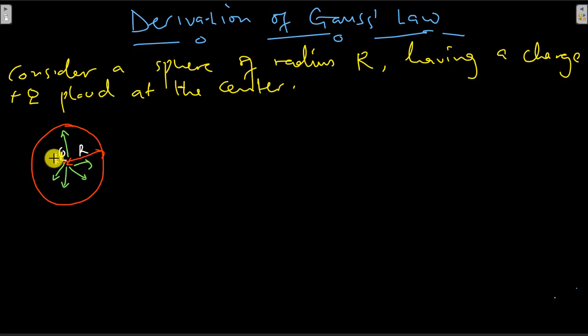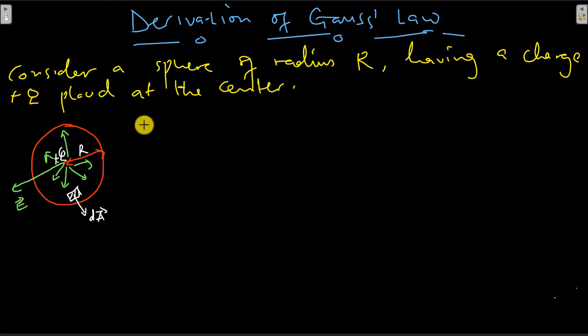Okay, there we go. So let's also consider an arbitrary element of the area dA with a vector pointing outwards, dA. The electric field due to the positive charge placed at the center of the sphere is E. So let's have one line to represent the electric field vector.